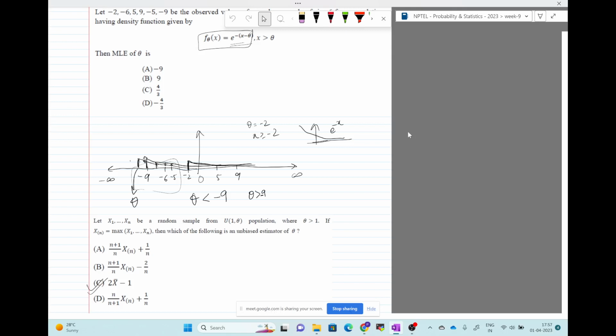It is said just like this, and no mathematical application is there.